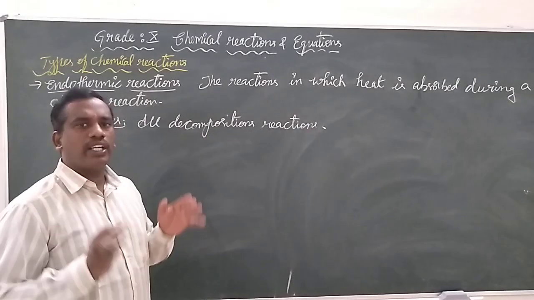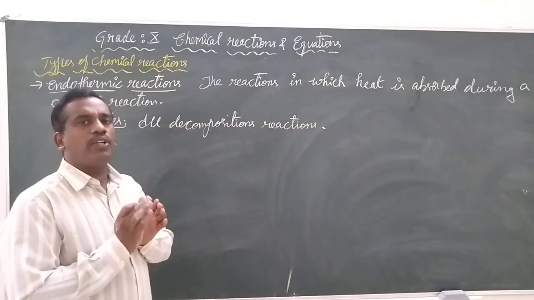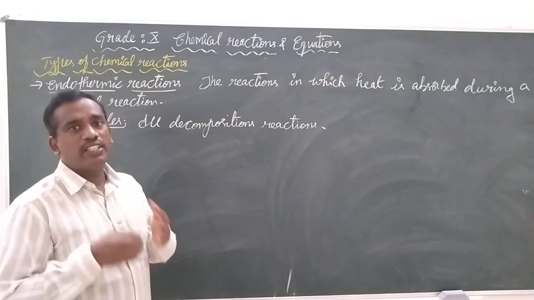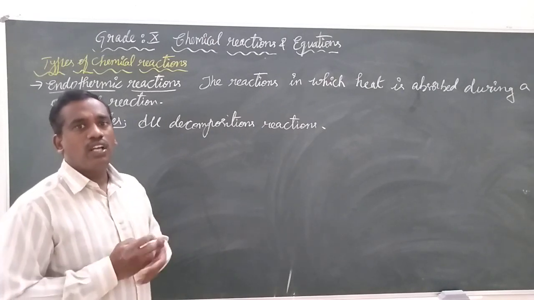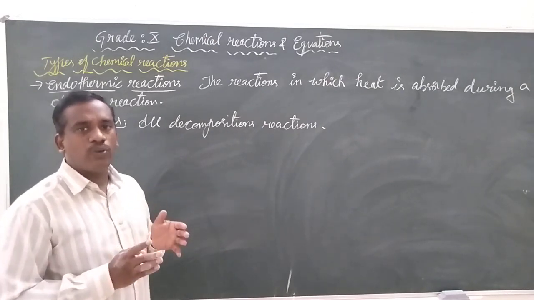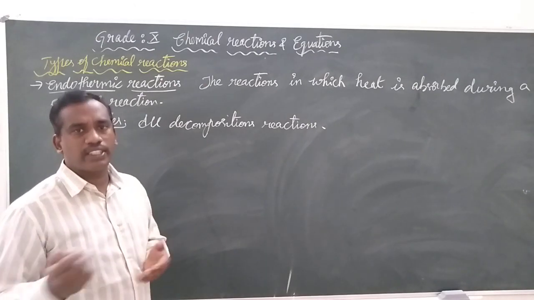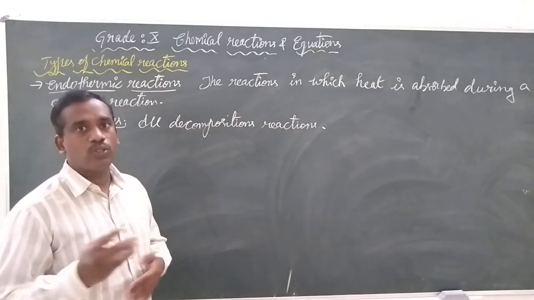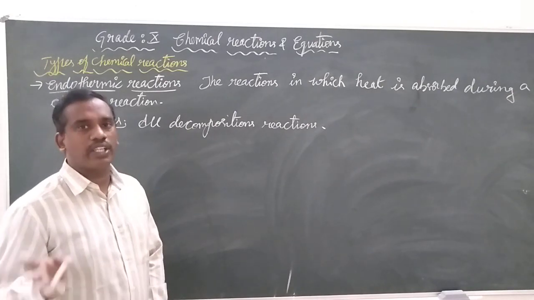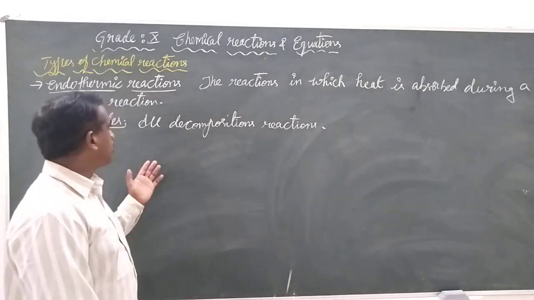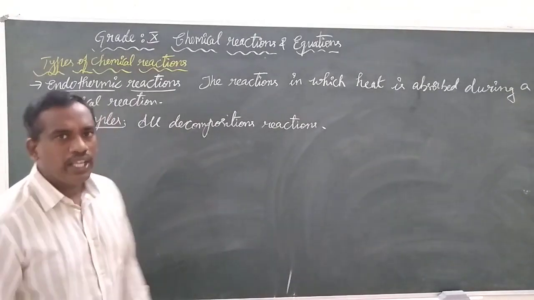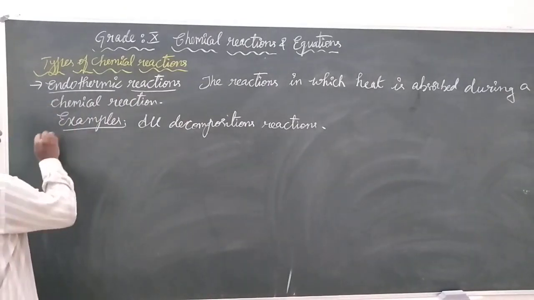During combination, reactants combine to give one product. The reverse you can think of: one reactant will give two or more products during a chemical reaction. Those are called decomposition reactions. So let us give the definition first.